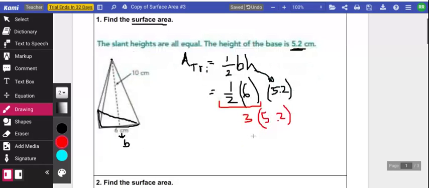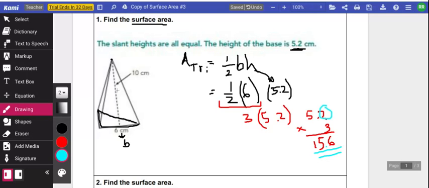So let's multiply this. 5.2 times 3. Okay, I know 3 times 2 is 6, and 3 times 5 is 15. There is one digit after the decimal, and so in my answer, there should be one digit after the decimal. So 15.6 is the area of the triangular base.